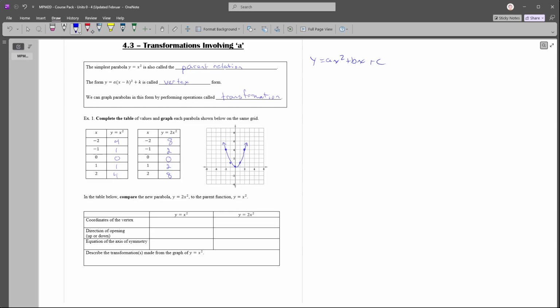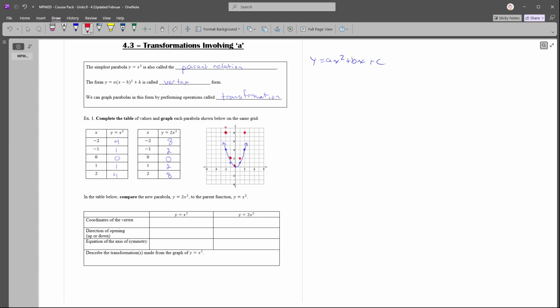All right. Let's switch colors for a second. And now let's do our new equation. So we have negative 2, 8, all the way up here this time. And then we have negative 1, 2. 0, 0. And then we have 1, 2. And 2, 8.